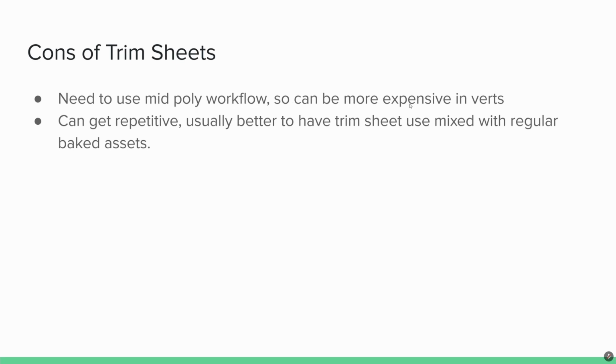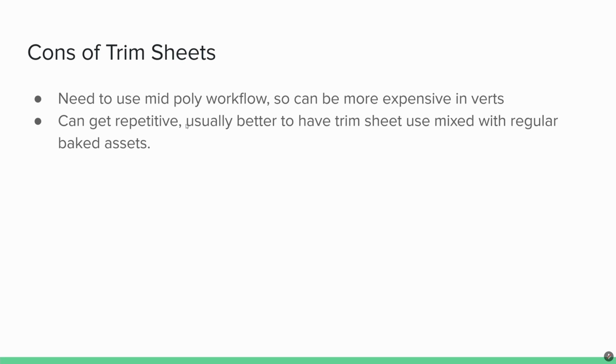The cool thing is, verts aren't as much of a problem as they used to be, with technology constantly improving, and now with Unreal Engine 5, you don't really need to worry as much about how expensive an actual mesh is.